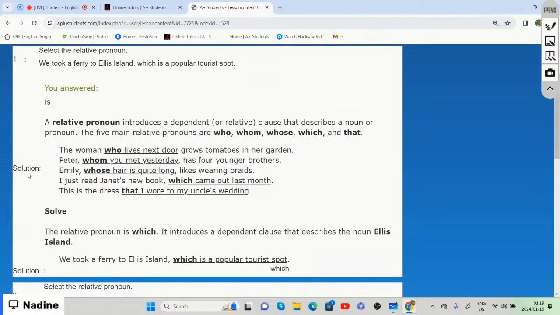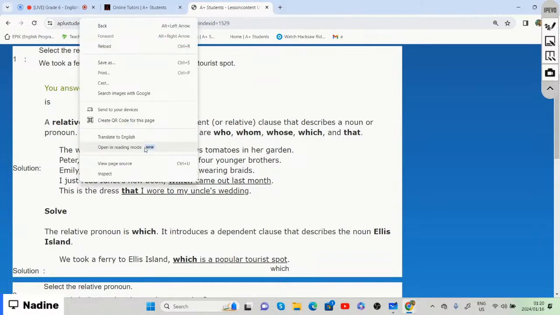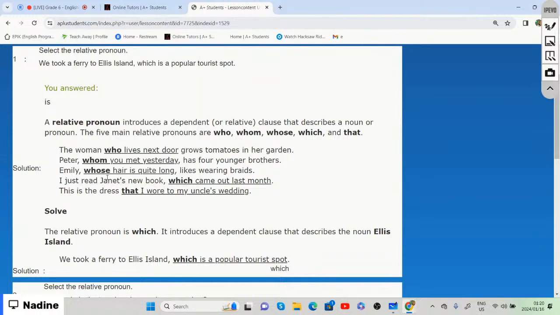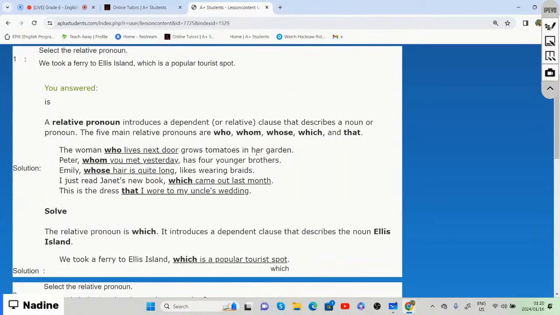Which means that who lives next door is our answer, and it is underlined. And who goes also with her garden, her over there.